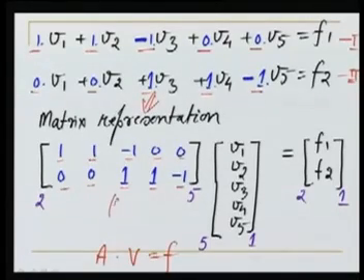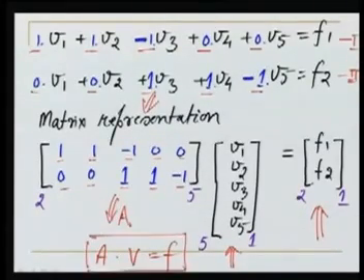So that's my matrix A. And the V matrix is V1 to V5, and these are the constants F1 and F2. So we have been able to write our basic conditions in this form.